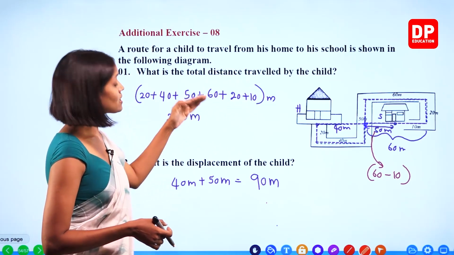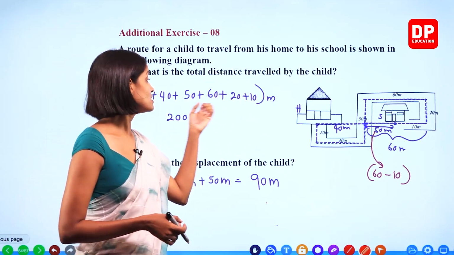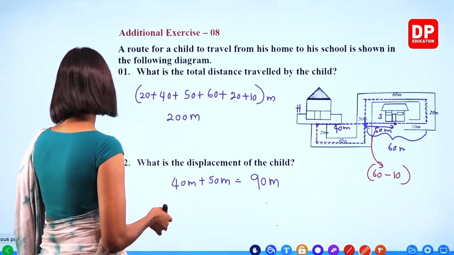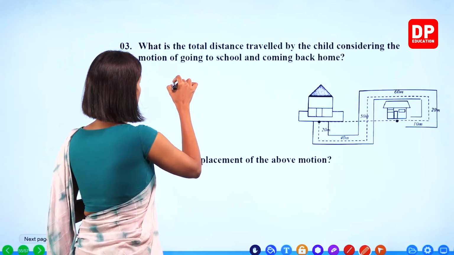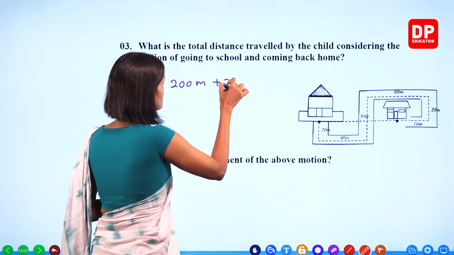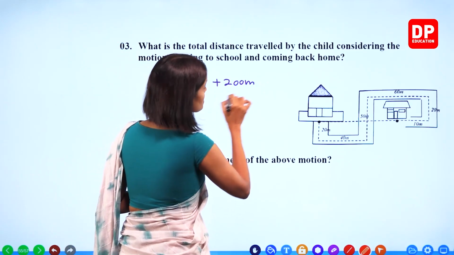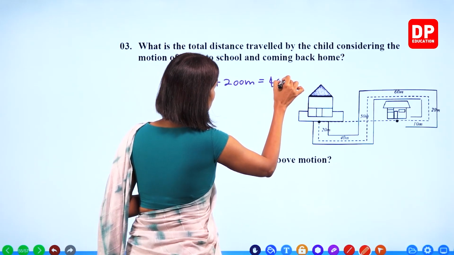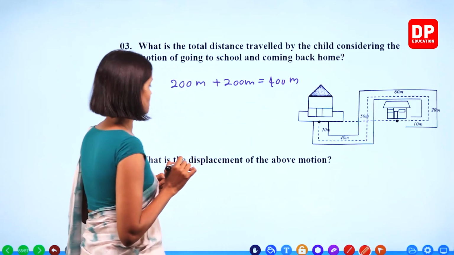So to come back, another 200 meters because he takes the same path. Okay? So 200 plus 200, 400 meters. 200 meters plus 200 meters equals 400 meters is the answer.